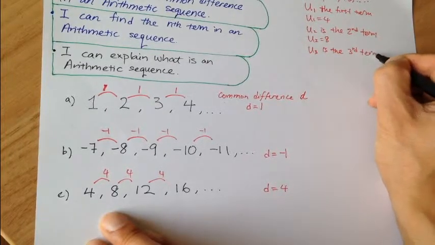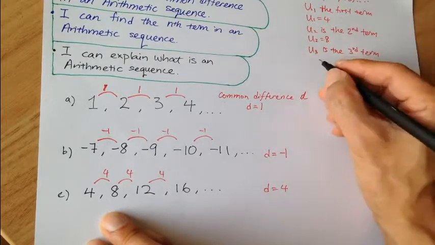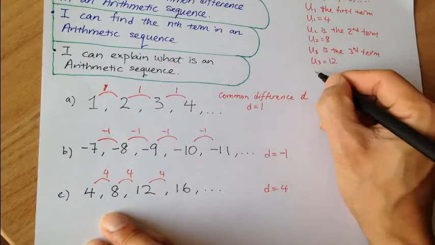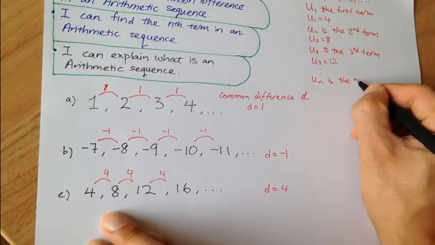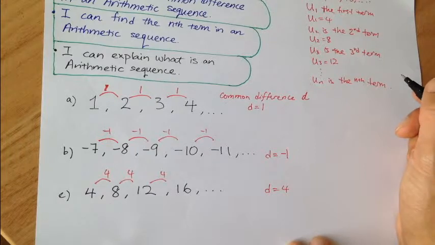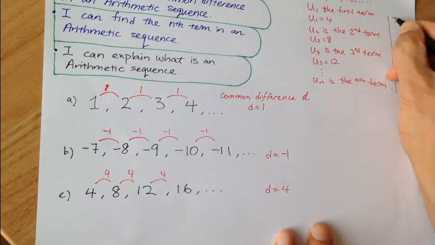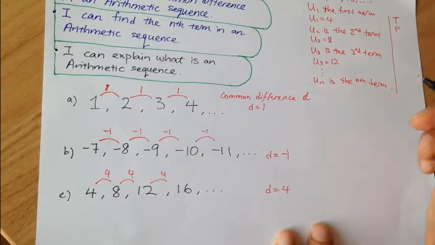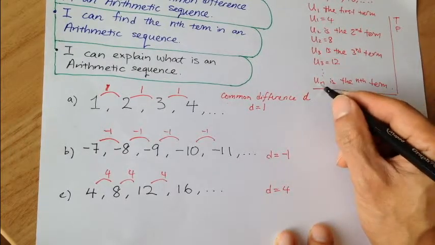Basically this is the value of the third term, this is the value of the second term, and this the value of the first term. So U3 is 12, and so on. Un is the nth term. Some textbooks use T, and some also use P for progressions. So these are different notations. In IB, we will use U.